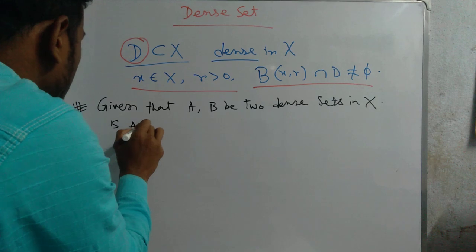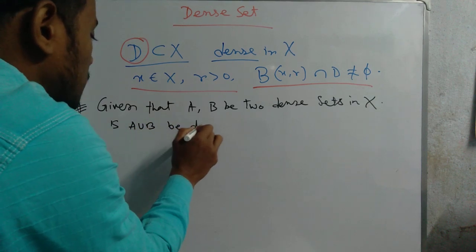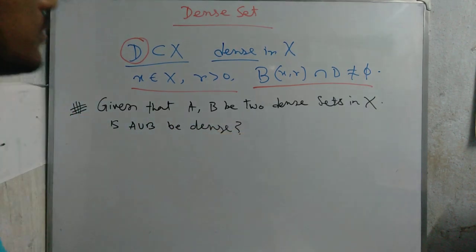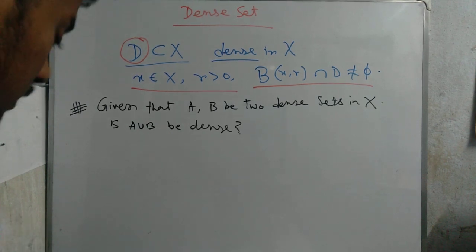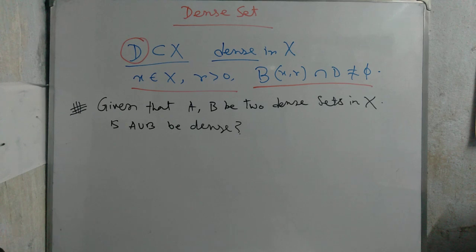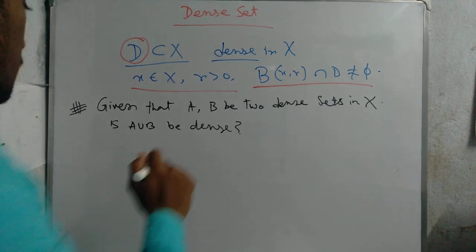Is A union B dense? Let's check it. We first do it in this way.